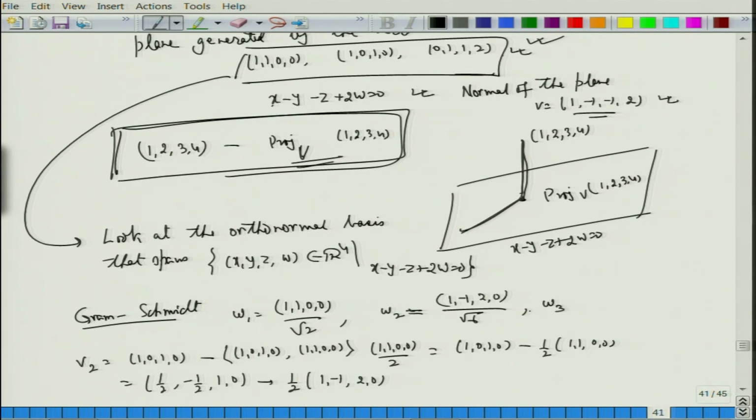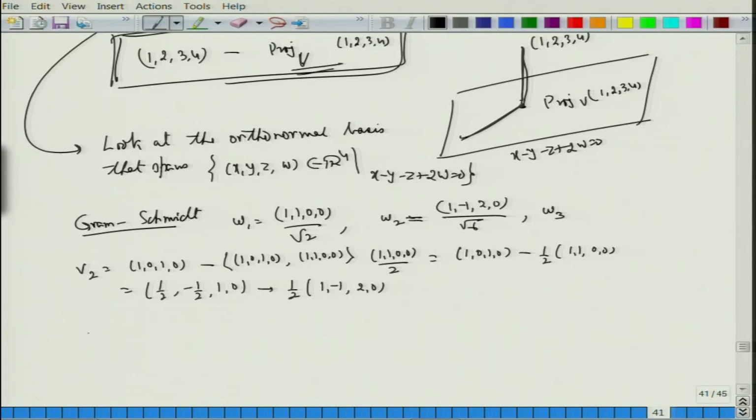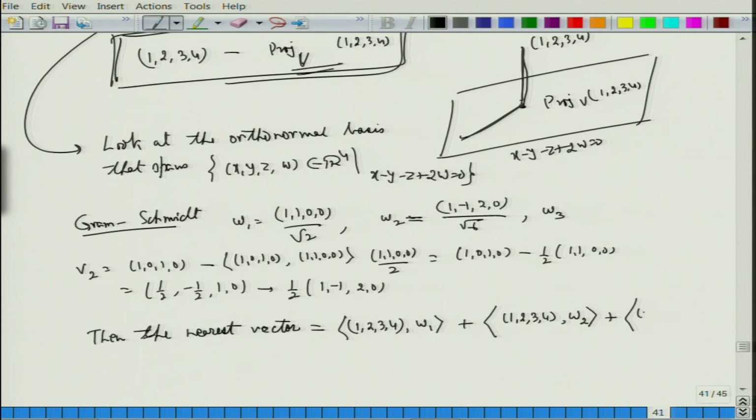Similarly, compute W3 and then the nearest vector will be equal to 1, 2, 3, 4 inner product with W1, plus the inner product of 1, 2, 3, 4 with W2, plus the inner product of 1, 2, 3, 4 with W3.